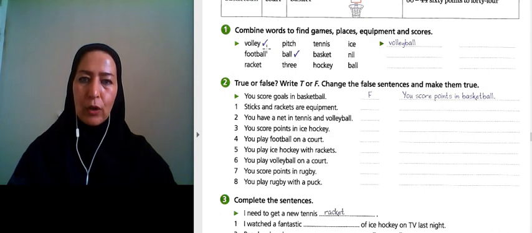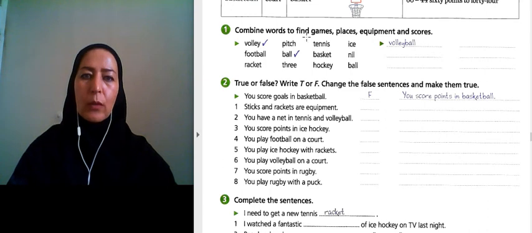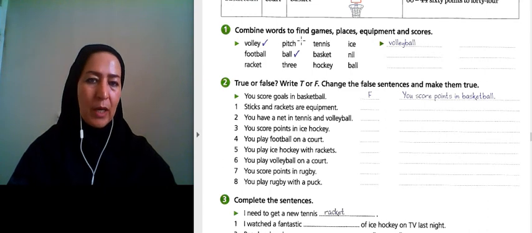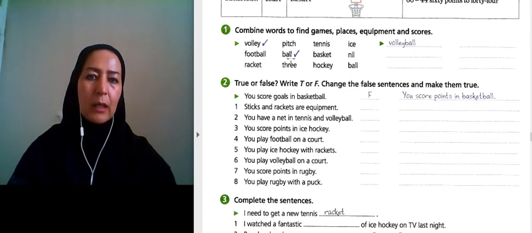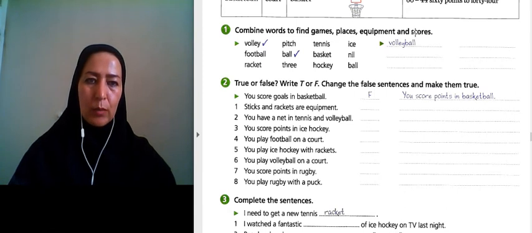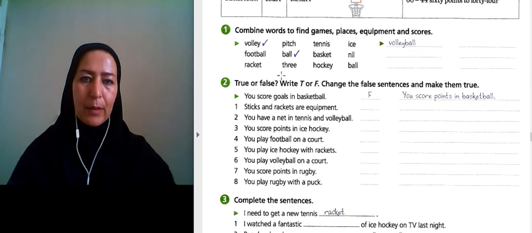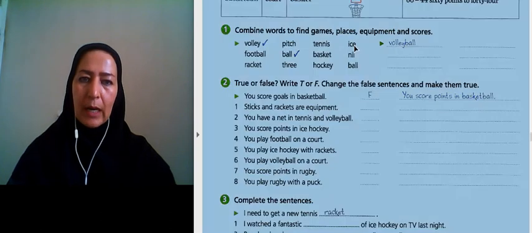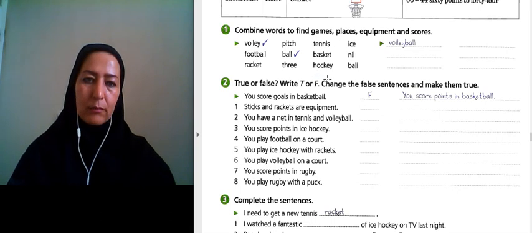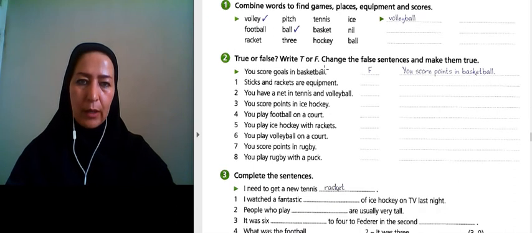For example, volley and ball is called volleyball. Or maybe combine words to find a game or a place or an equipment or a score. So we can say, for example, ice hockey. Again, it is a kind of game.